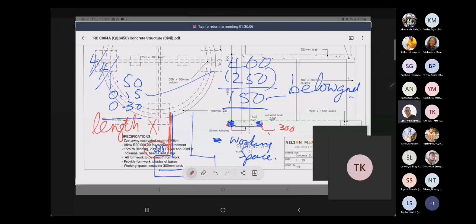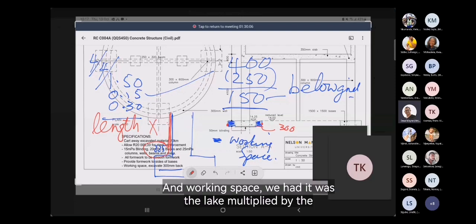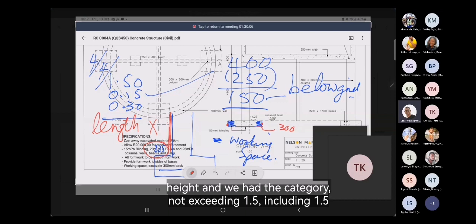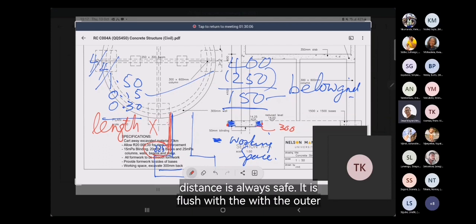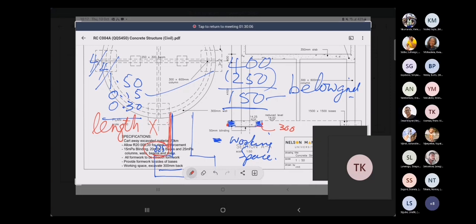Remember, if you think back to third year, the working space was the length multiplied by the height, and we had the categories not exceeding 1.5, exceeding 1.5, not exceeding 3 meters. And we indicate that the distance is flush with the outer face of the structure.